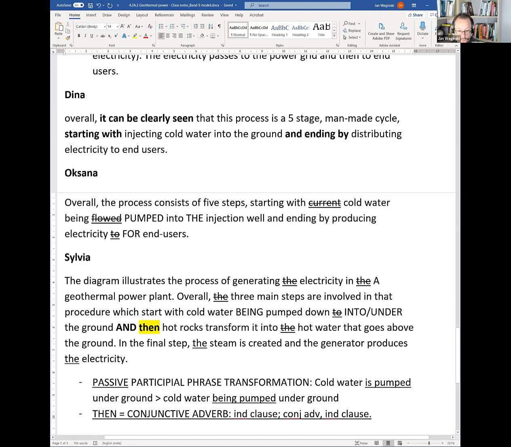This is a general rule. This is your subject, right? The steam, then the verb is created. Whatever comes before the subject in the sentence, separate it with a comma. In the morning, comma, you eat breakfast. In the evening, comma, you eat dinner.